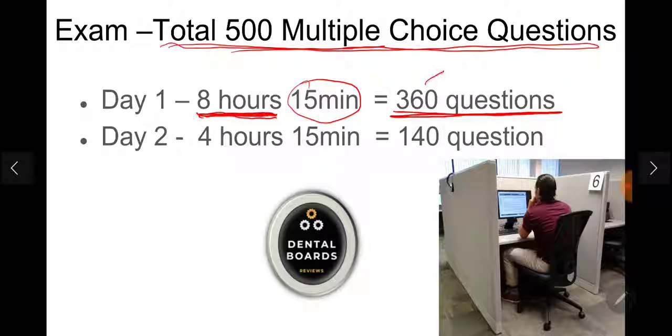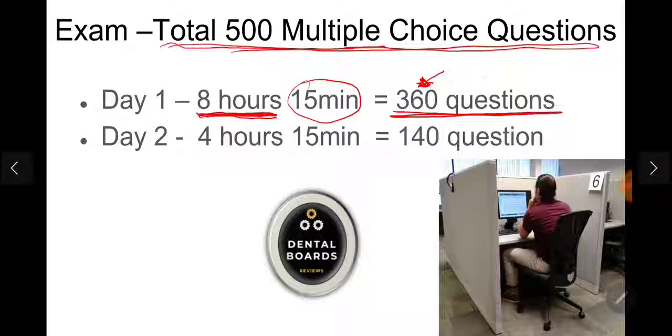Each section is 105 minutes for 100 questions for the first three sections. The fourth section has only 60 questions. So you don't have much time. You have to make sure you are able to answer those questions in less than a minute.